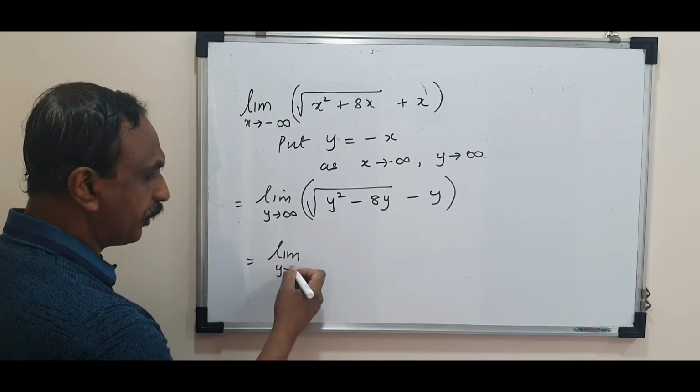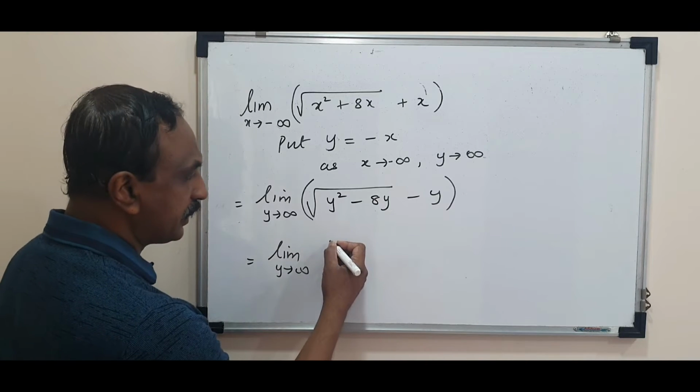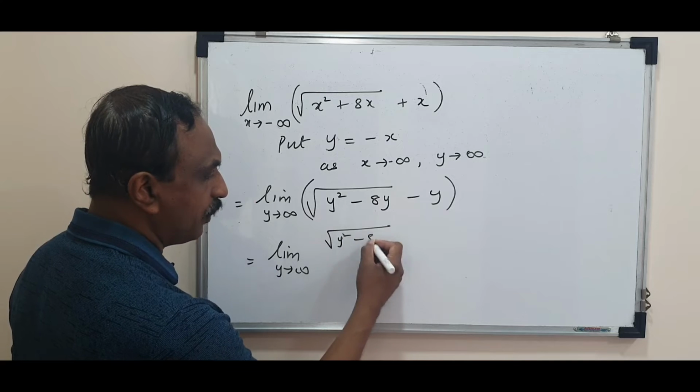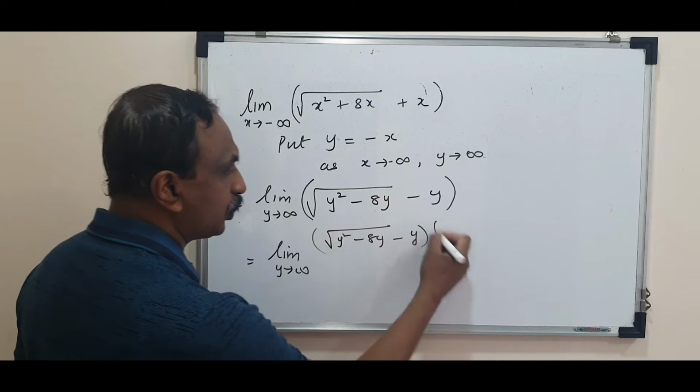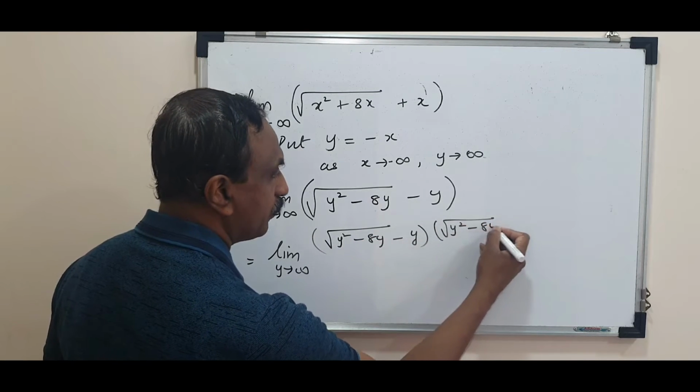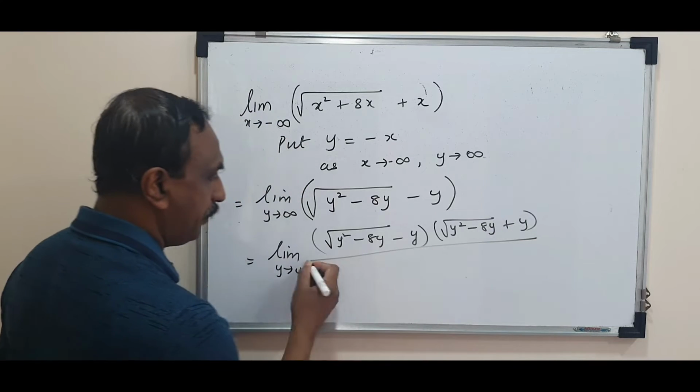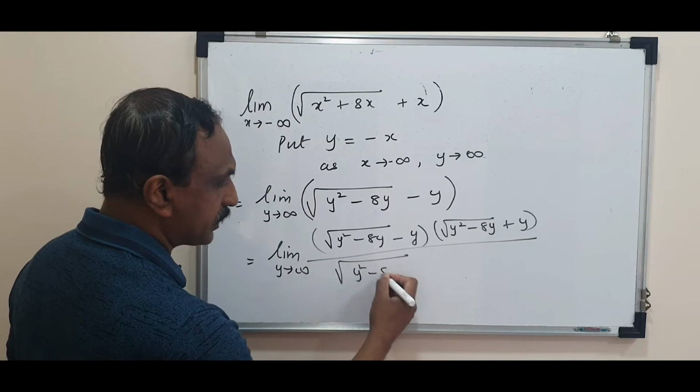So limit y tends to infinity, rationalizing it, root of y square minus 8y minus y into root of y square minus 8y plus y divided by root of y square minus 8y plus y.